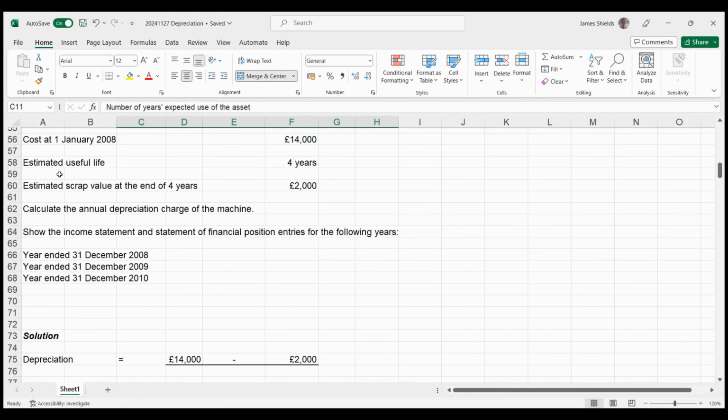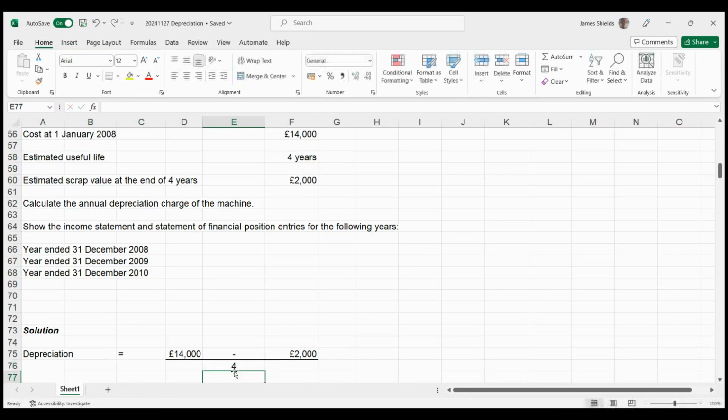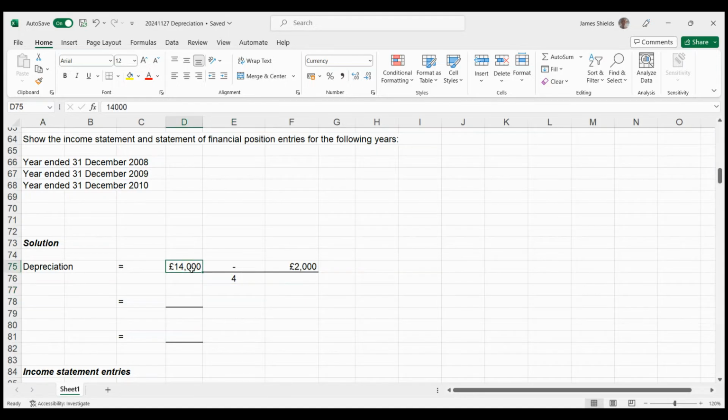Back to the question, the estimated useful life is 4 years. So it's going to be divided by 4. So 14,000 take away 2,000 gives us 12,000. And then divide by 4. And 12,000 divided by 4 gives us £3,000. So the depreciation charge each year is going to be £3,000.